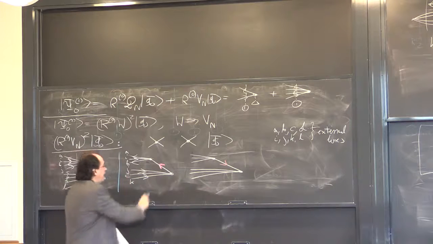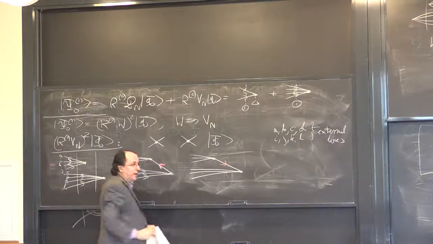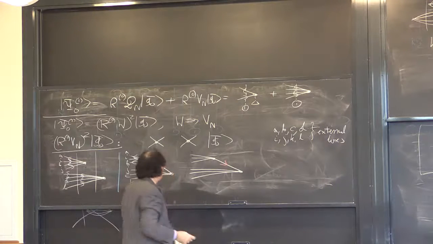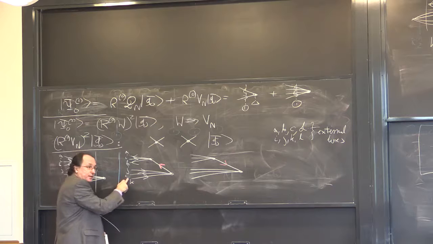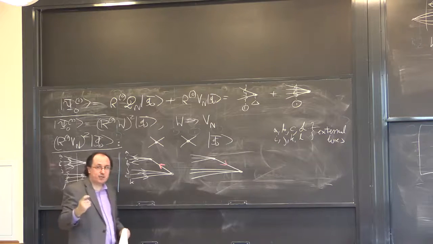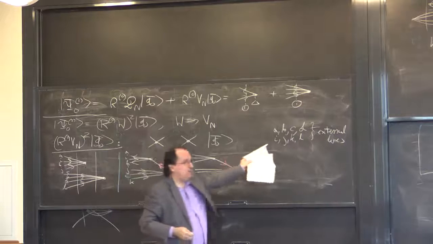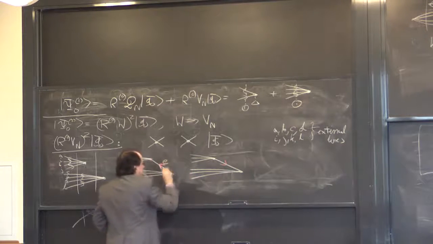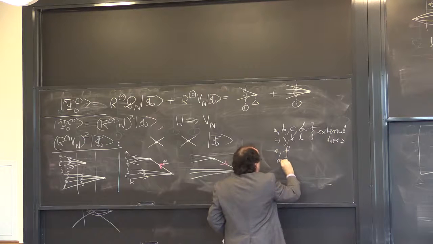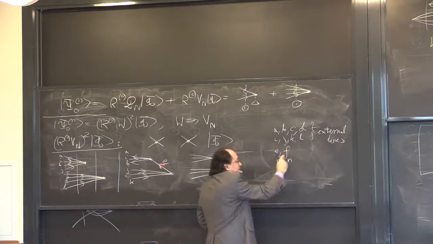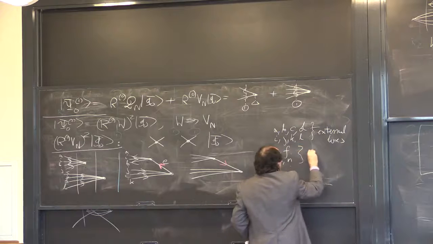Then what am I going to call this one? What is the next letter? It's available to me, D. But if I use D, I would not follow this convention. I'm going to use the next letter, E. So we're going to have a convention where letters E, F for particles, and M, N for holes, are internal lines.